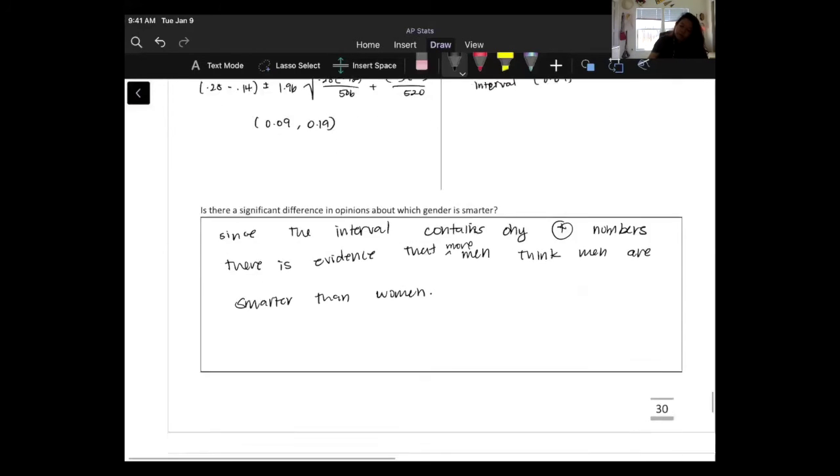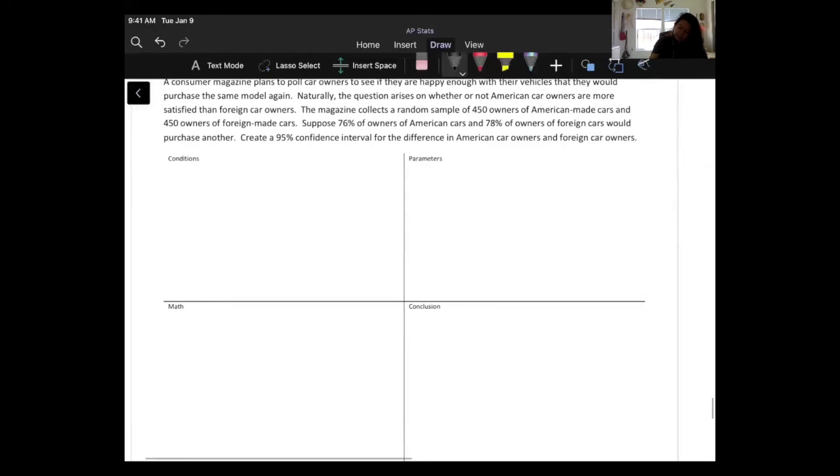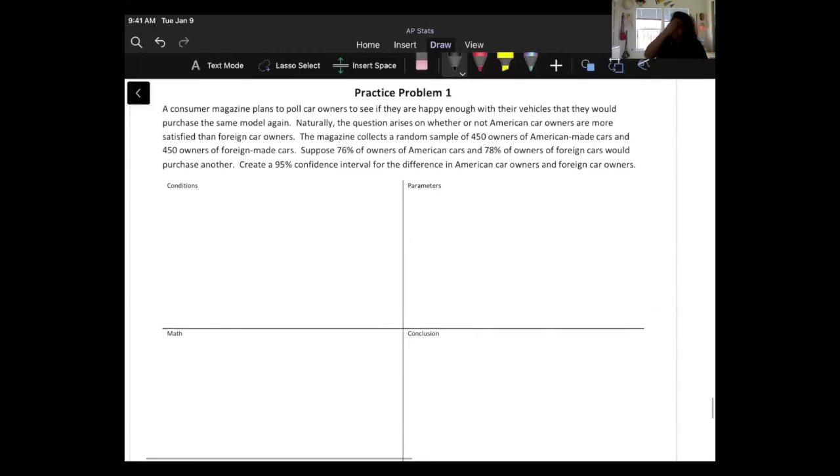We're going to go ahead and move on to practice problem number 1. A consumer magazine plans to poll car owners to see if they are happy enough with their vehicles that they would purchase the same model again. Naturally, the question arises on whether or not American car owners are more satisfied than foreign car owners. The magazine collects a random sample of 450 owners of American-made cars and 450 owners of foreign-made cars.